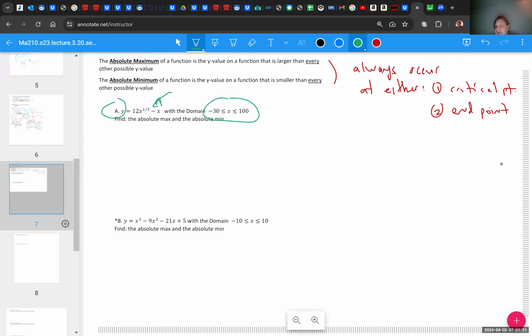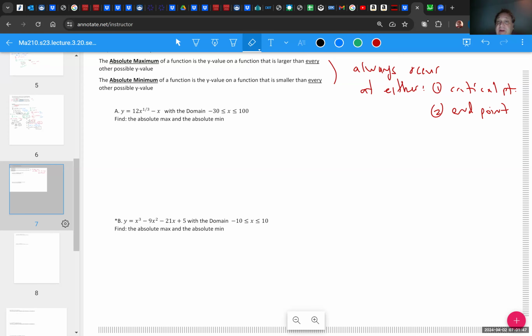Negative 30 is the left-hand endpoint, and 100 is the right-hand endpoint. And so I know for sure that if there's an absolute max or an absolute min, they're either going to occur at a critical point of the function or at one of these two endpoints. Now, I'm going to show you how to follow the steps and determine the absolute max, absolute min if they do occur.